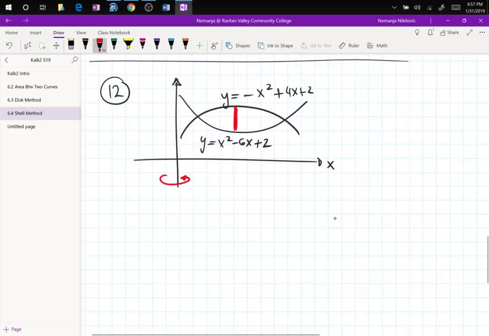Now, how do you practice this? It's on one side.